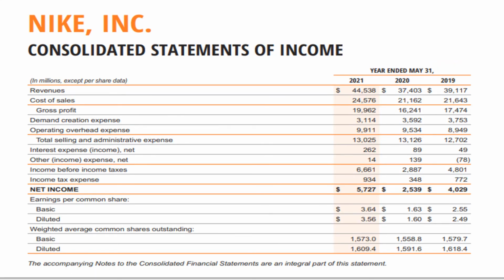Let's look at the information that has been disclosed by Nike Inc. According to IAS 1 earlier, we saw the consolidated balance sheet or statement of financial position. We now see the consolidated statement of income.